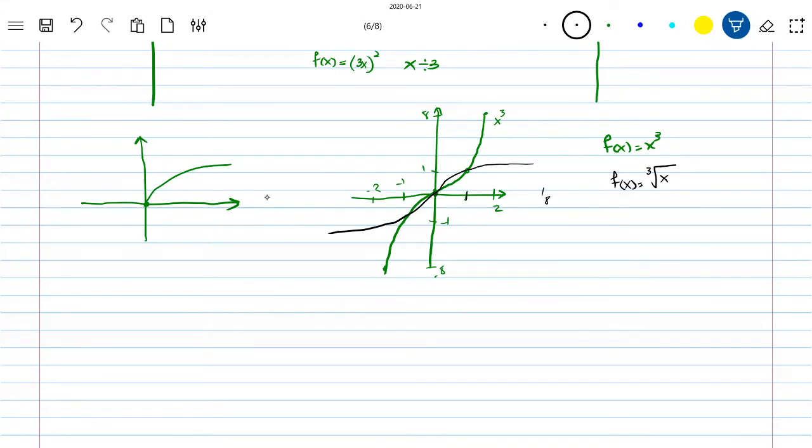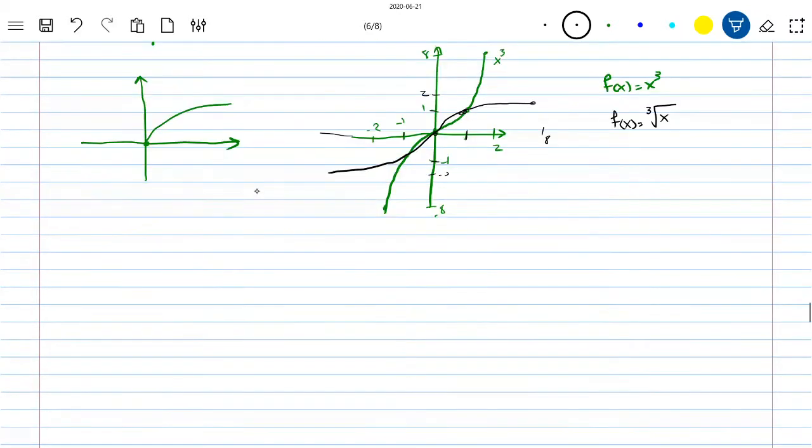You can pick 0, -1, -8 for simplicity. You find y values of -1 and -2. You'll find y values on the other side, 1 and 2. If I pick 8 and 1, sorry, it's the same point. Okay, so the shape is what matters. Calculation, you can always do it.